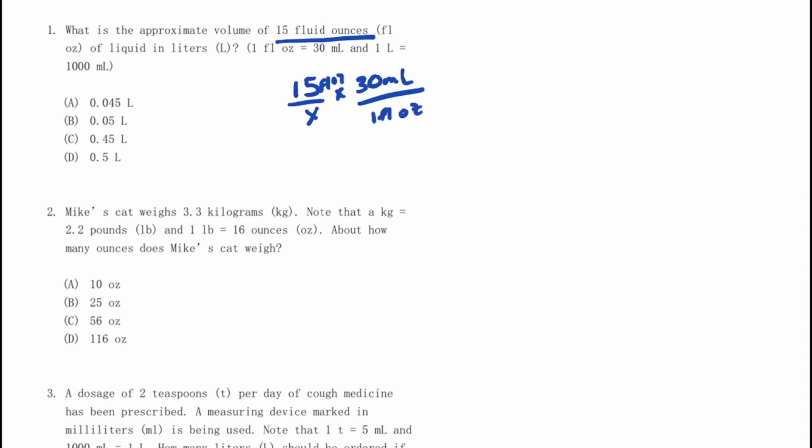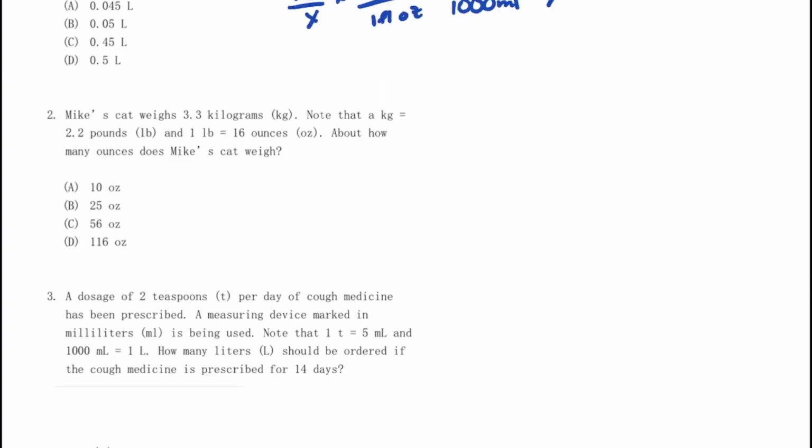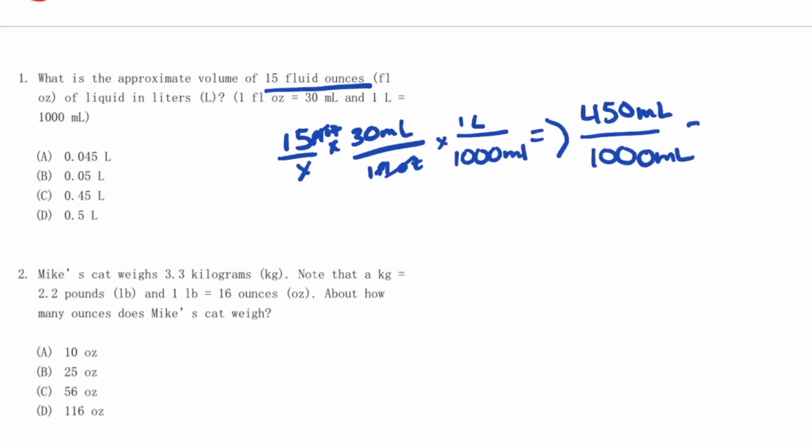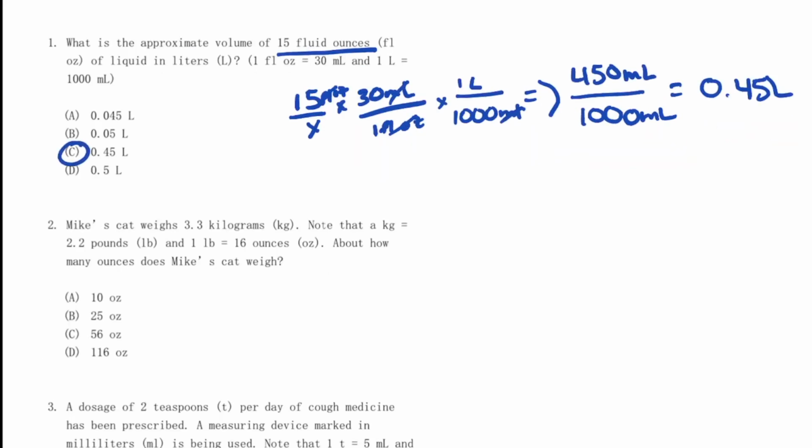So 15 over x, which is what we're trying to find, times 30 milliliters over 1 fluid ounce, because 1 fluid ounce is 30 milliliters, times 1 liter over 1,000 milliliters, because that is what it equals. So we're just going to multiply across. 15 times 30 is 450, divided by 1,000 is 0.45 liters, and that is going to be our answer.